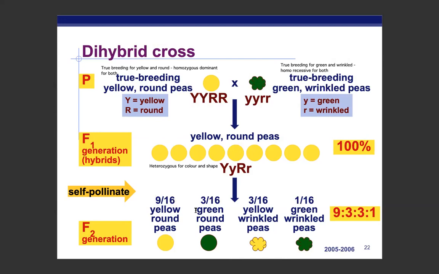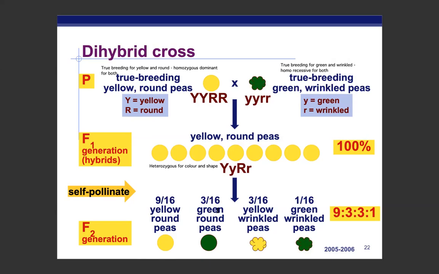We don't know the exact genotype, these can either be capital Y, capital R, or capital Y, lowercase y, capital R, lowercase r, or these can be capital Y, capital R, lowercase r. So they can be homozygous dominant for the yellowness and heterozygous for the round peas, as long as we know that 9 out of 16 of them show the dominant characteristics for both.